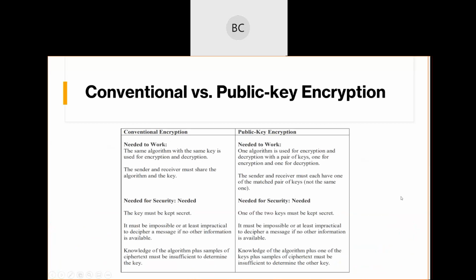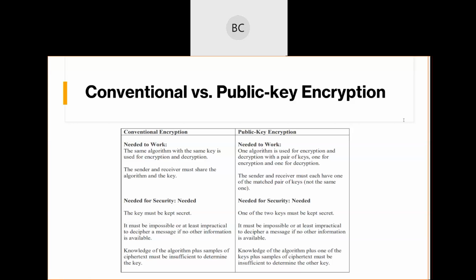So next, let's see what's the difference between conventional or symmetric key versus public key encryption. Some question, how there will be two keys in symmetric? No, there are no two keys in symmetric key. Only in asymmetric, in public key cryptography, there will be two keys. In symmetric key just one key.